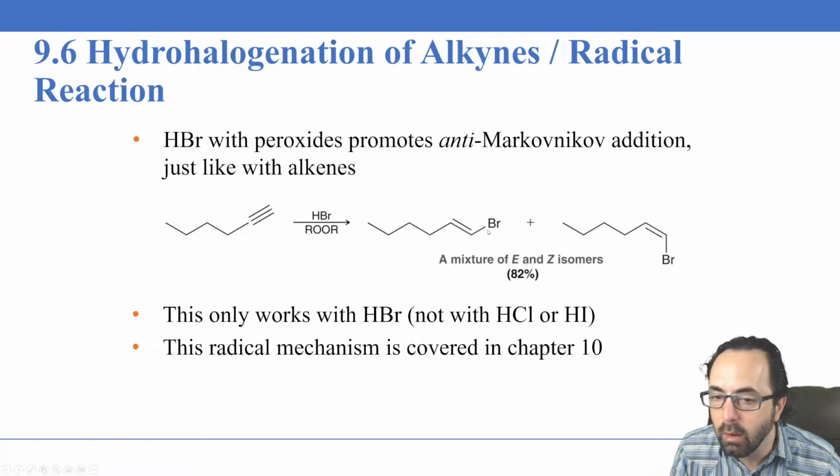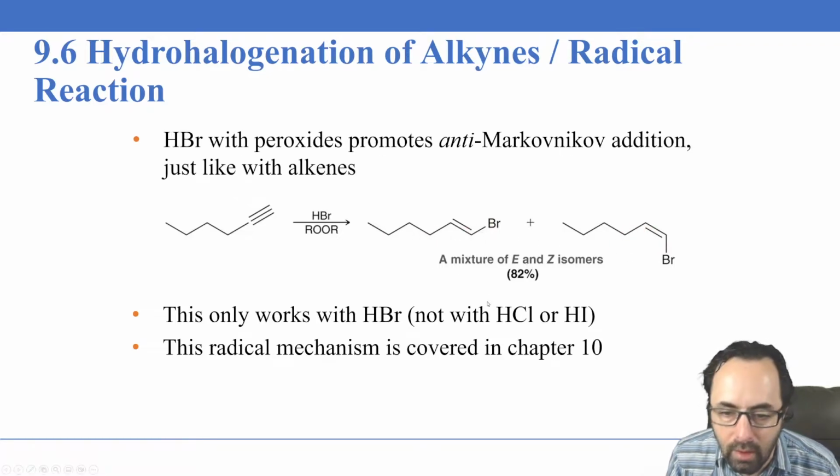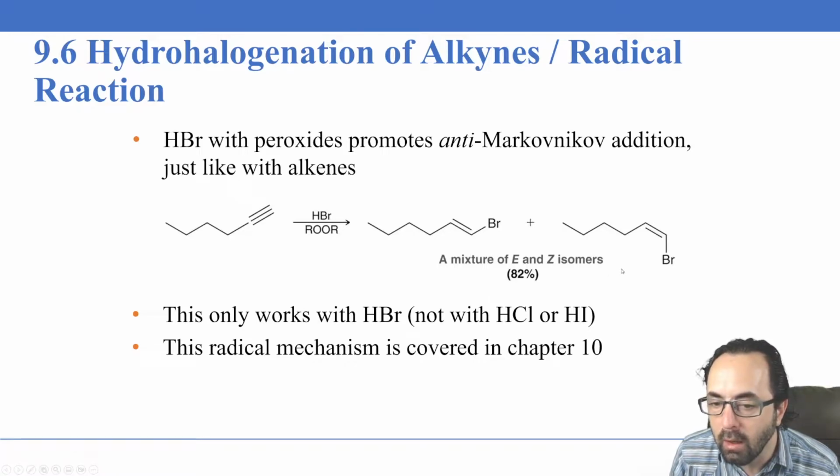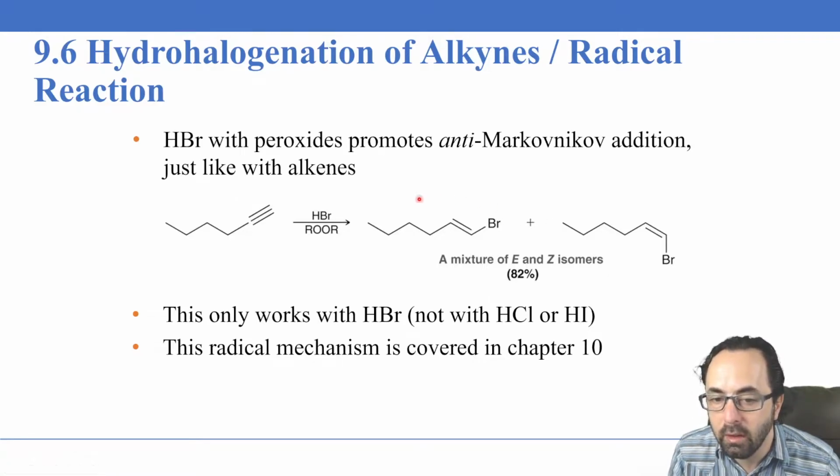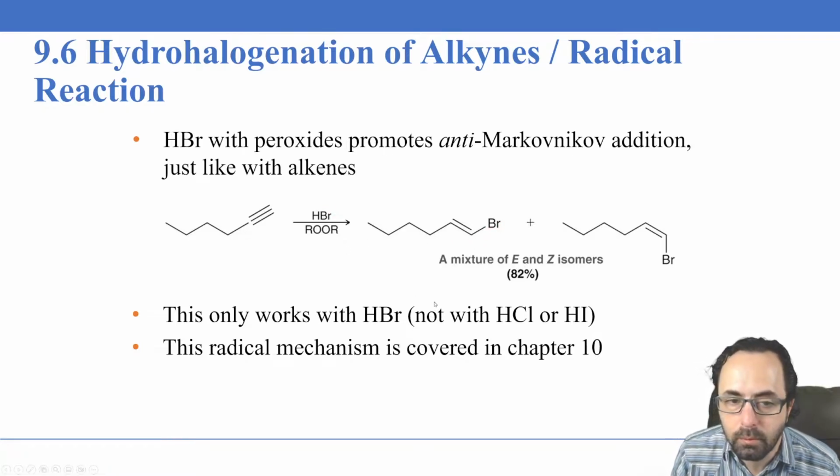It seems equally likely to add, or at least there is a significant likelihood, of adding on the same side of a large group here, in a cis fashion, or on opposite sides in a trans fashion. So these are two stereochemical isomers that we need to consider when we're doing the hydrohalogenation here.